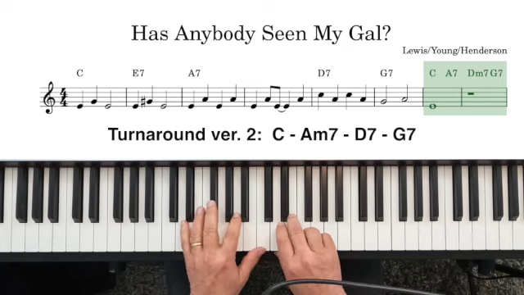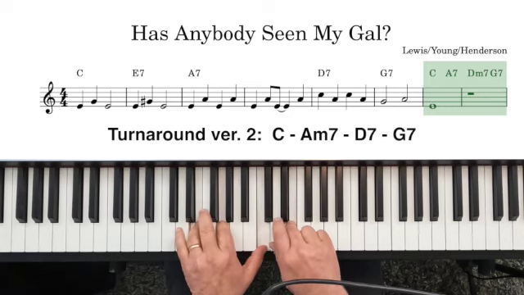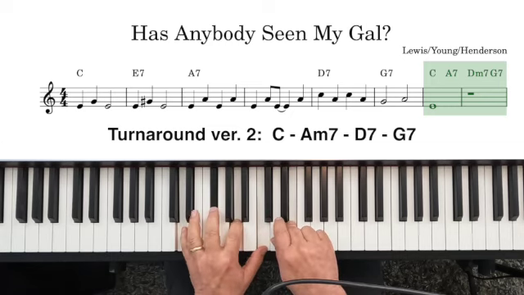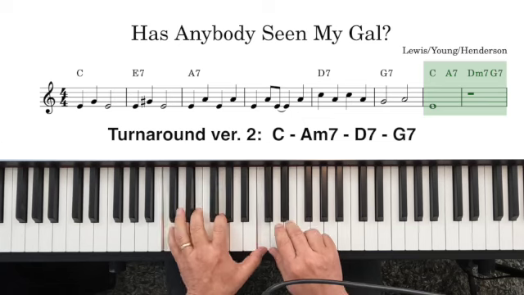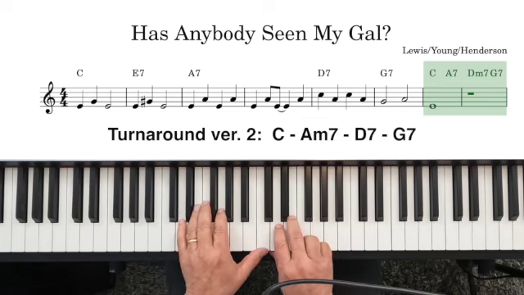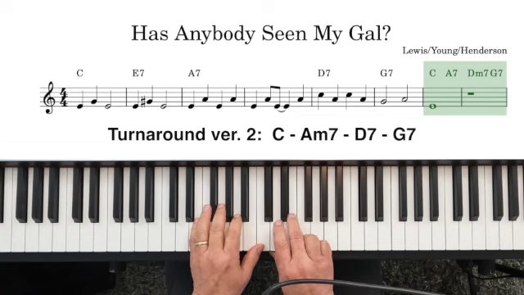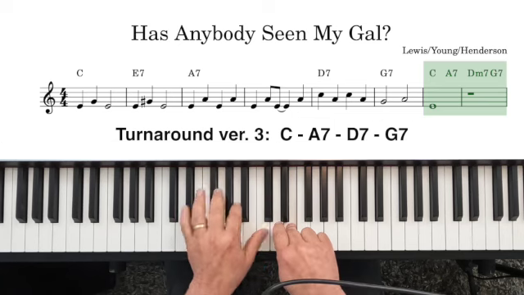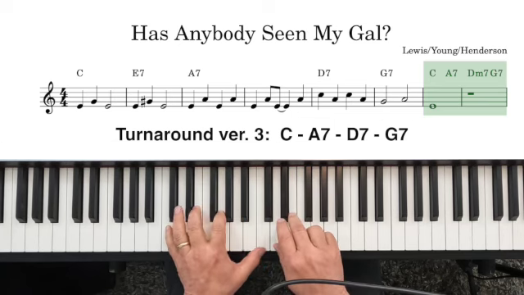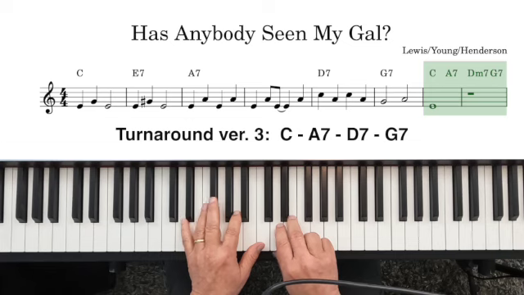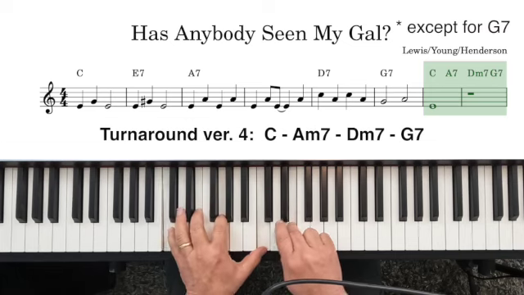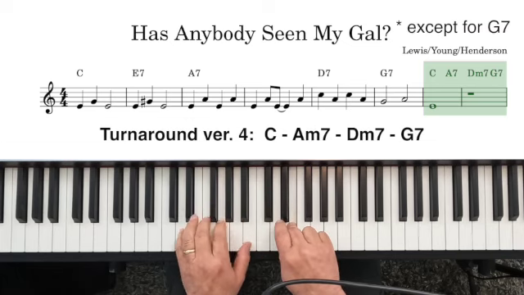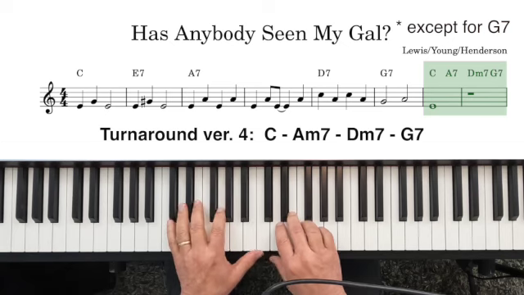And then instead of going to D minor 7, you could go to D dominant 7. So you see that you have several different options when you reach the turnaround. You could play it with all dominant sevenths, or you could play it with all minor sevenths, or a combination of both.